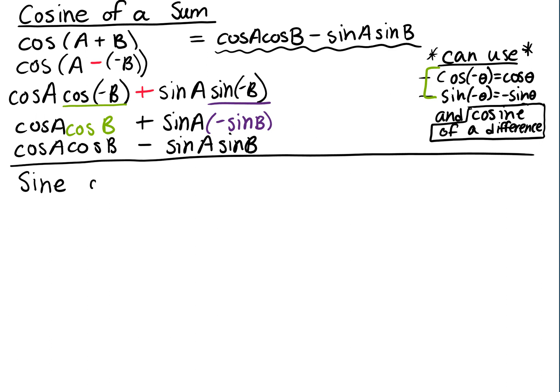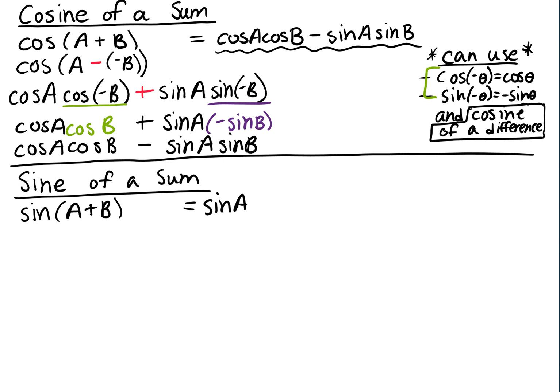We're going to start with sine of a sum. And we could do either one. We could do sine of a sum, sine of a difference. It's pretty much the same thing. Sine of A plus B is equal to sine A cosine B plus cosine A sine B. So you're not looking to memorize these just yet because we're just proving them, but if you notice here some differences between the cosine identity, the functions are mixed.